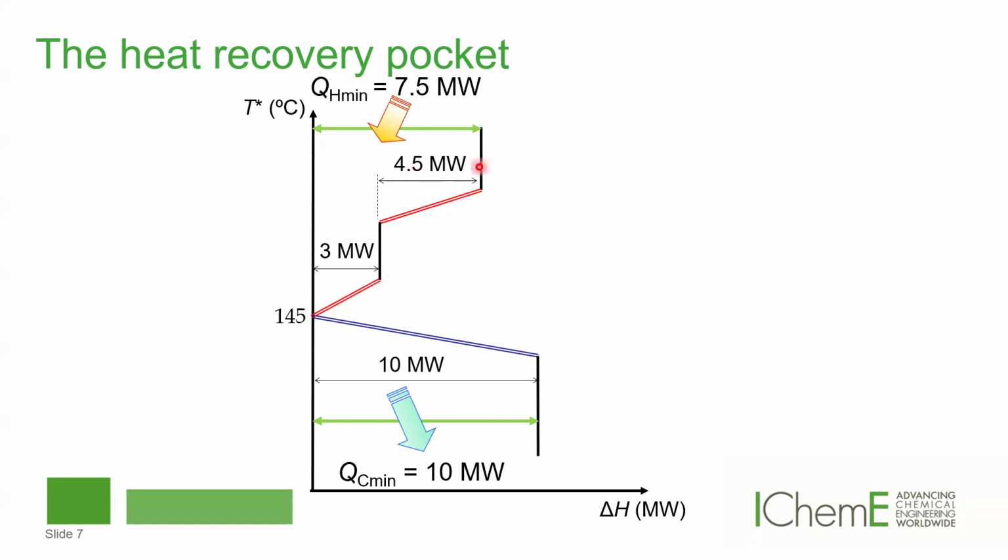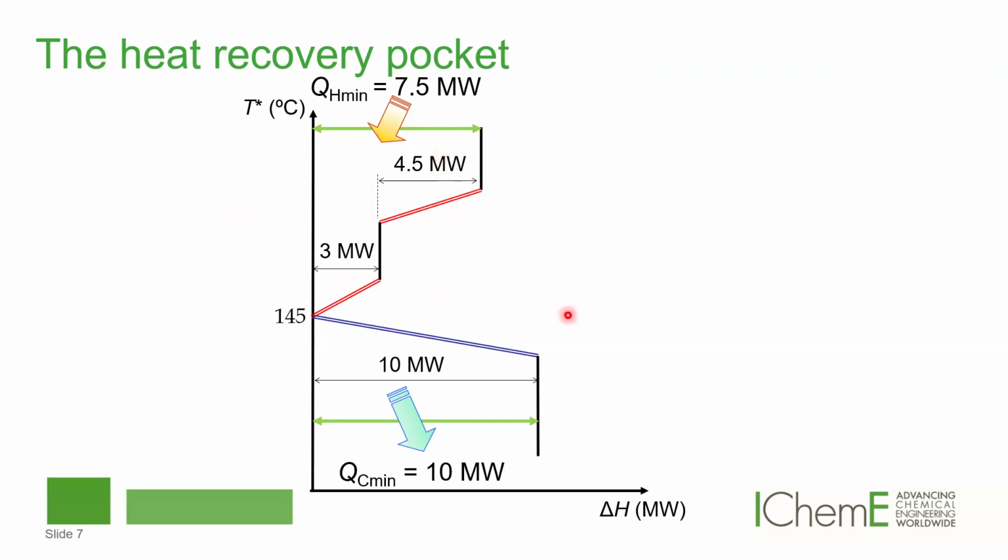So in total, this would make up the 7.5 megawatts in which we need the hot utility, right? And remember earlier, we identified the hot utility target as 7.5. So it means at these two levels, the 7.5 megawatts is materialized to provide heating for these two. And that is for the region above the pinch, where hot utility is needed.